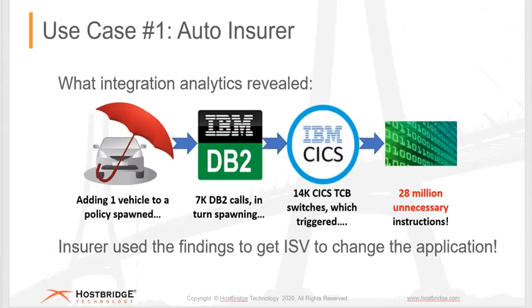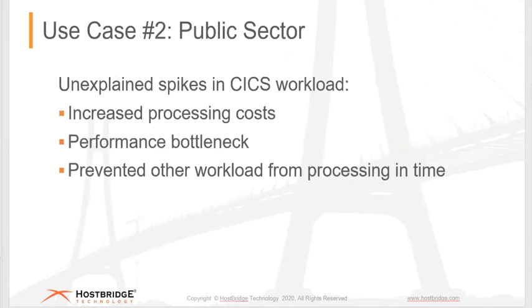Not only that, we were able to look under the covers and see that whenever that new vehicle addition process was being run under CICS, there were a whole lot of start activities that probably should have been link activities. And so with this information, this customer was able to go back to the ISV and request a change to the application that is starting to yield benefits even today.